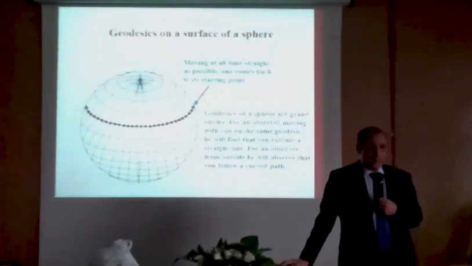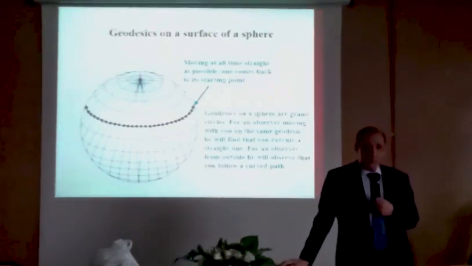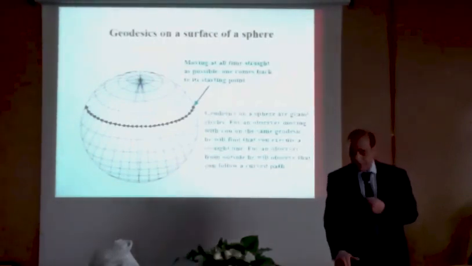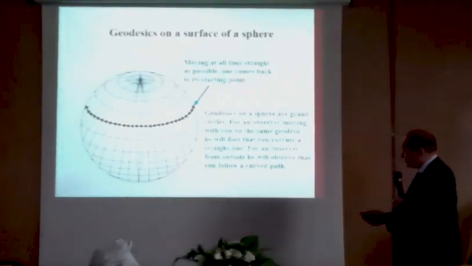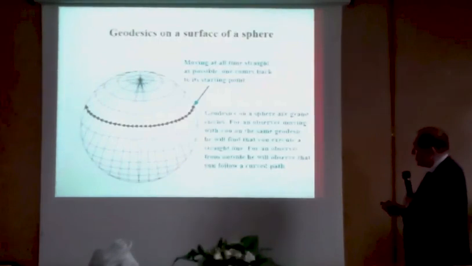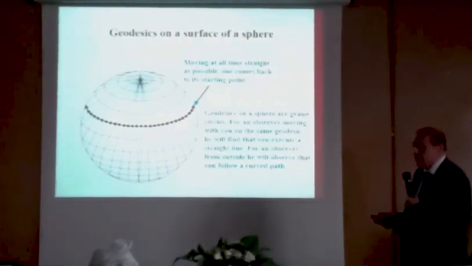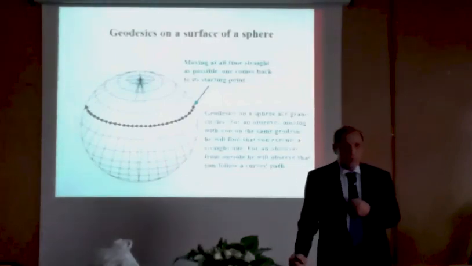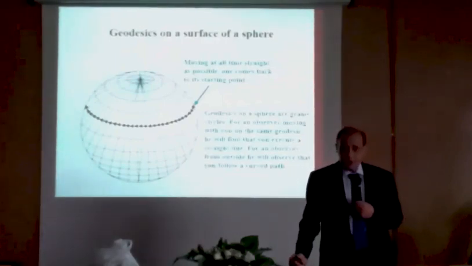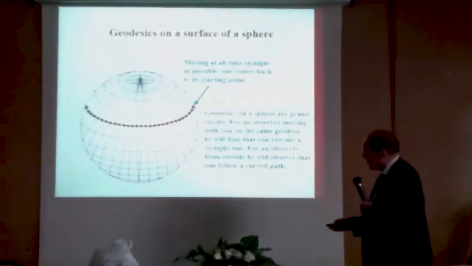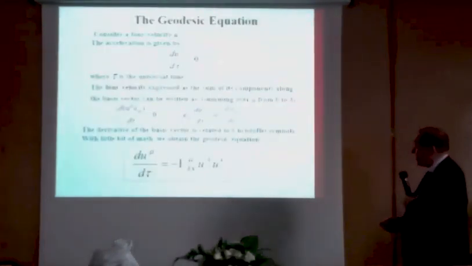A straight line. If I have the surface of a sphere, what is the geodesic? A great circle. Exactly. So in fact, the geodesic depends upon the curvature of space-time. This is the basic idea of geodesics.